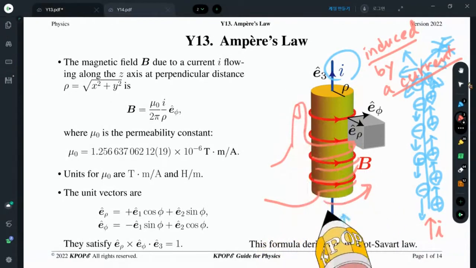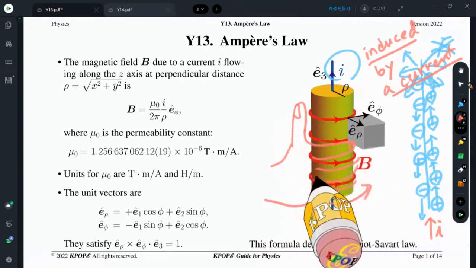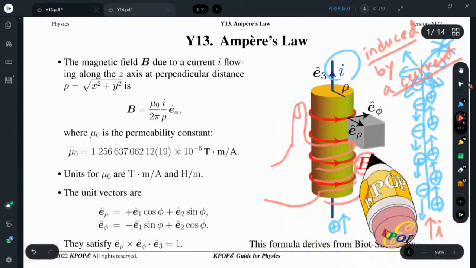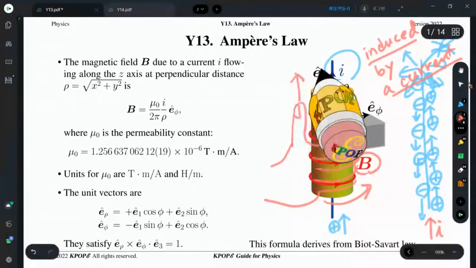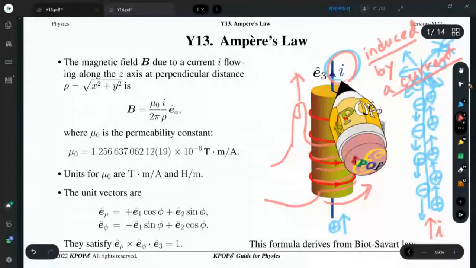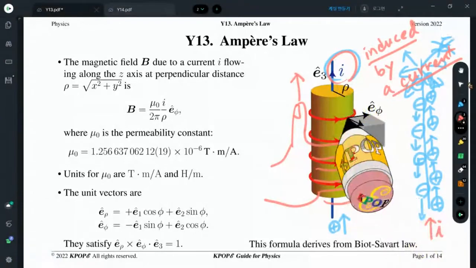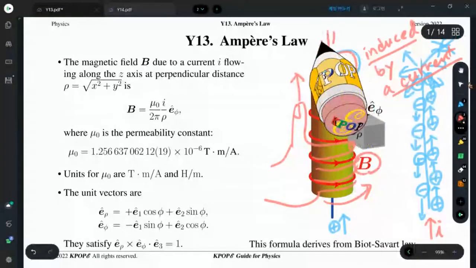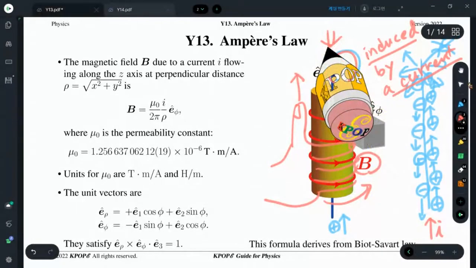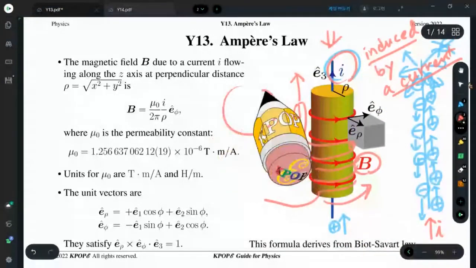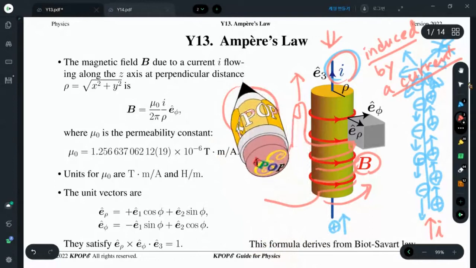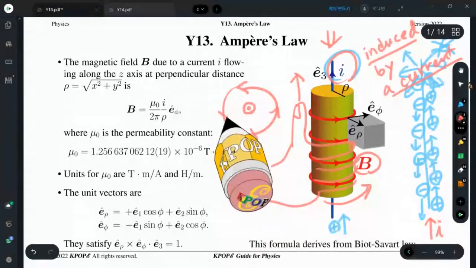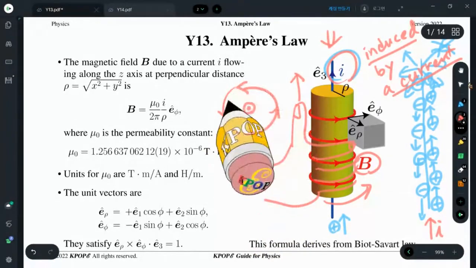This is your thumb, and your fingers will follow the direction of the magnetic field induced by the current. The thumb is parallel to the current. And if you see this figure from above, you will find the current is flowing out and the magnetic field is rotating around the current.